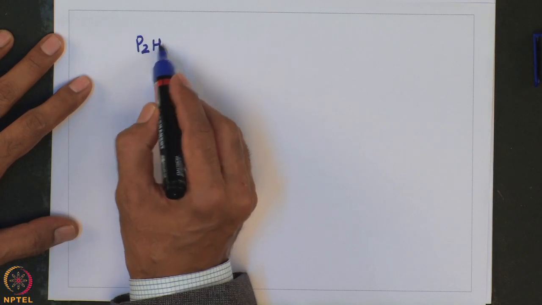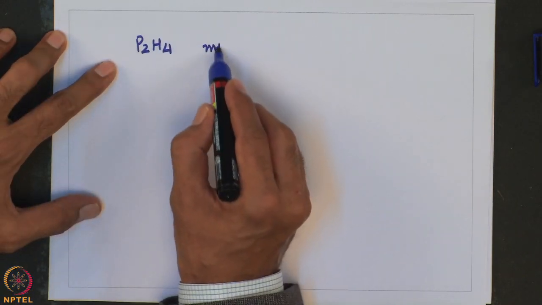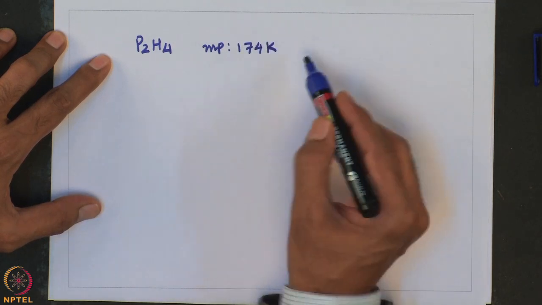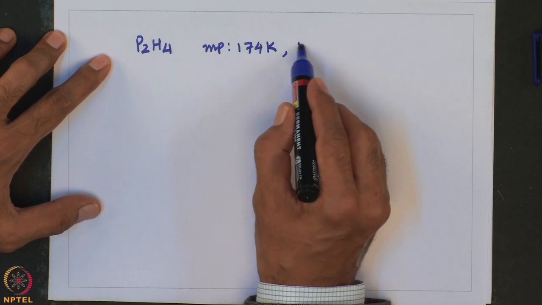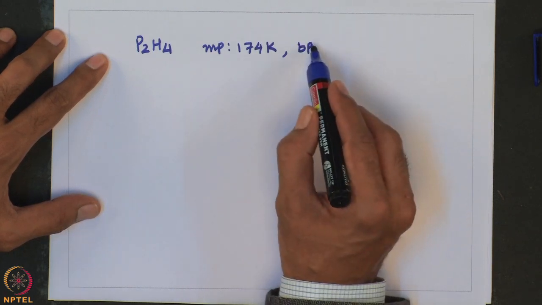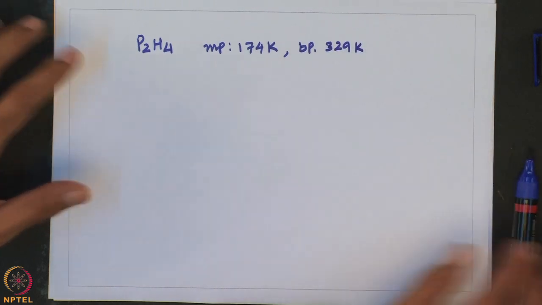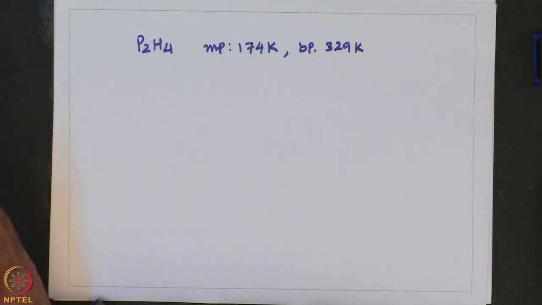So, diphosphine, P2H4, I had mentioned, is a colorless liquid, melting point 174 Kelvin and boiling point 329 Kelvin. It is highly toxic and spontaneously inflammable. The gauche conformation is also adopted by P2H4 in the gas phase.